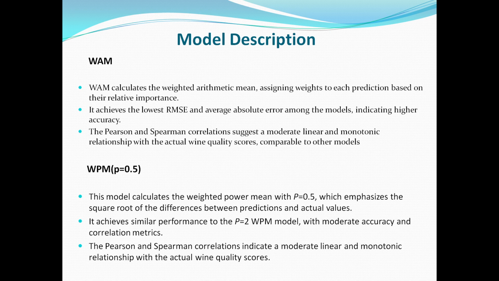Then coming to the model description, for the weighted arithmetic mean, it calculates the weighted arithmetic mean, assigning weights to each prediction based on the relative importance. Then coming to the weighted power means, it achieves similar performance to that of the p equal to 2 weighted power means model, but with more moderate accuracy and correlation metrics.